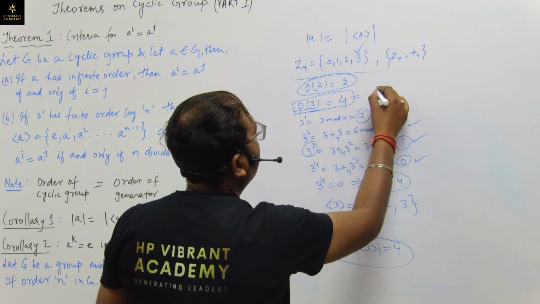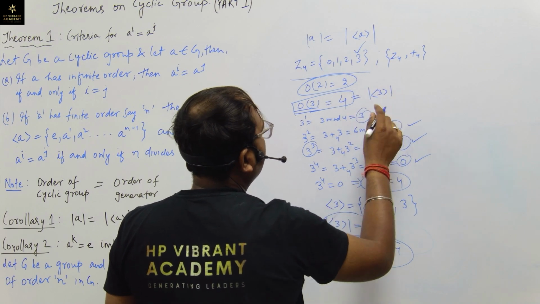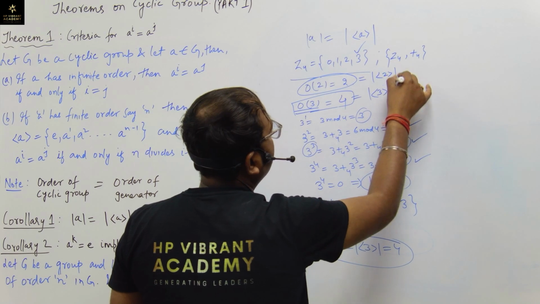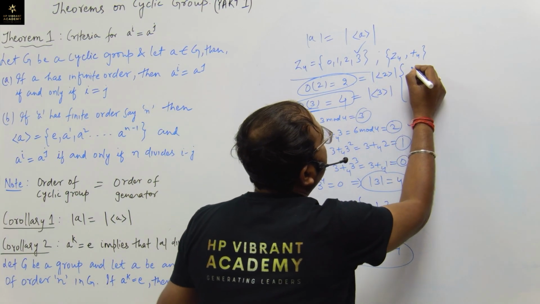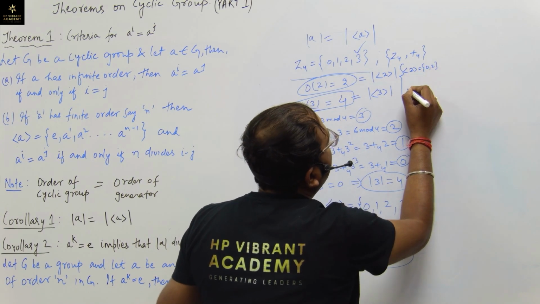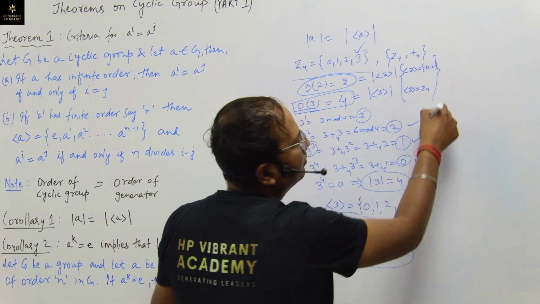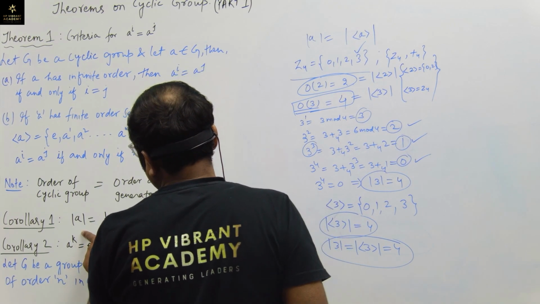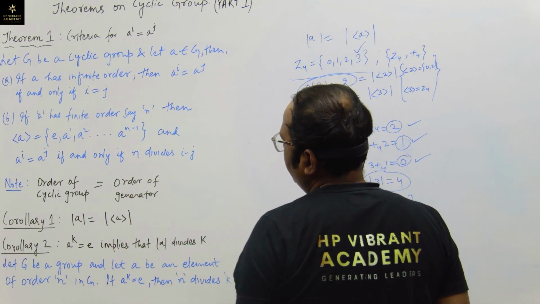So 2 is generating a group, this means it has two elements 0 and 2, and 3 is generating a group, and this is equal to Z4. Okay, so we have the order of an element is equal to the order of the group generated by that element.